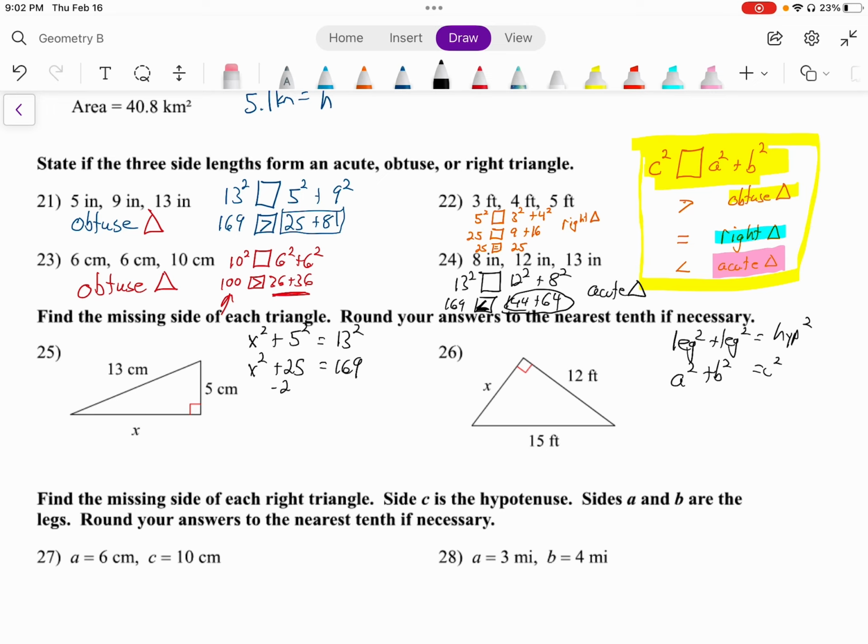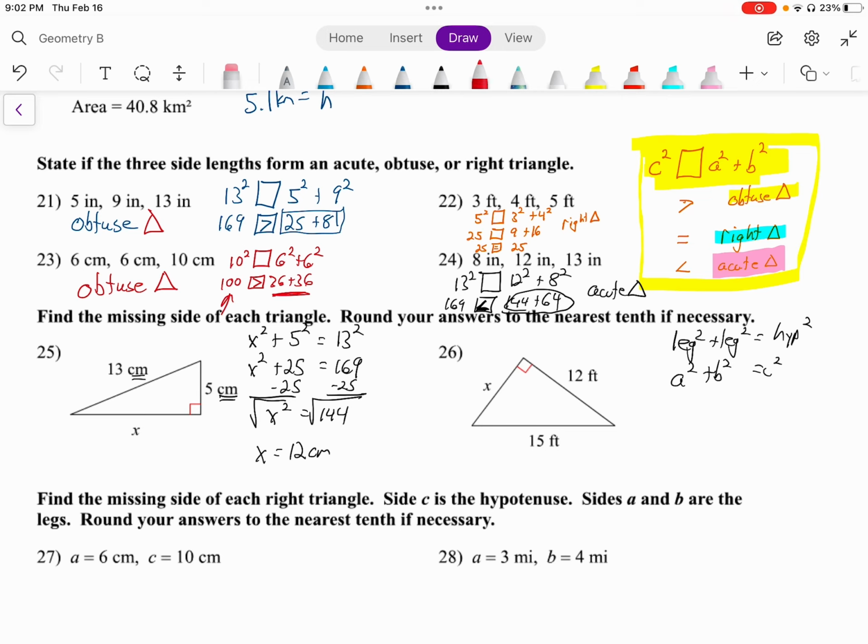Subtract 25 from both sides. x squared equals 144. Don't stop there. That's what x squared is equal to. We need to take the square root of that. So x is 12, and looking at our dimensions here, it's 12 centimeters.